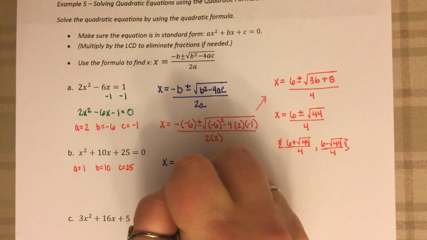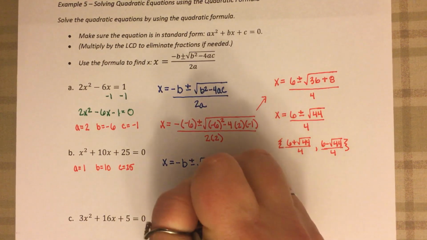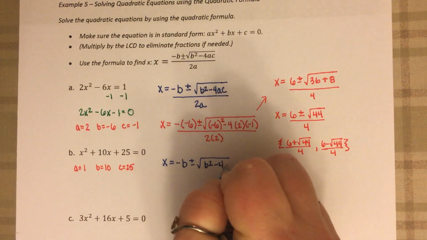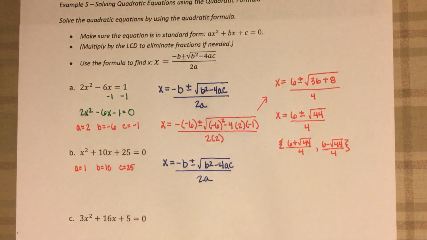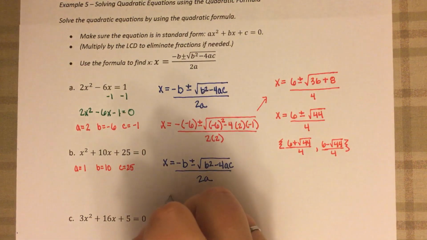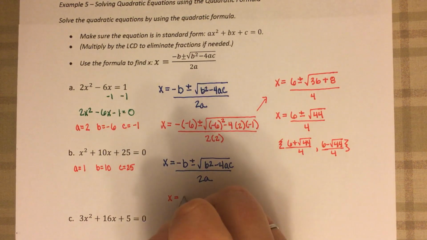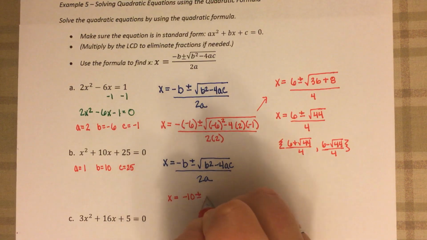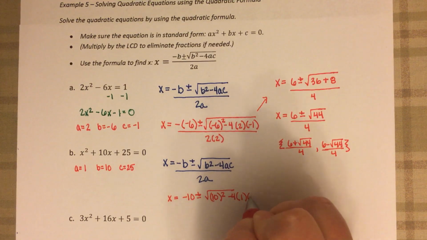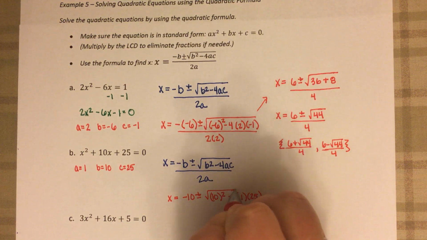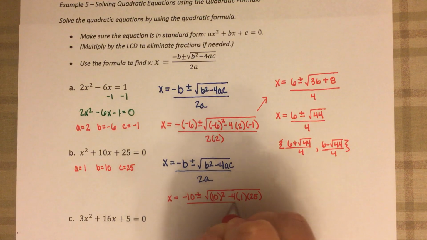X equals negative b plus or minus our square root of b squared minus 4ac all over 2a. So x equals negative 10 plus or minus our square root of 10 squared minus 4 times 1 times 25 all over 2 times 1.